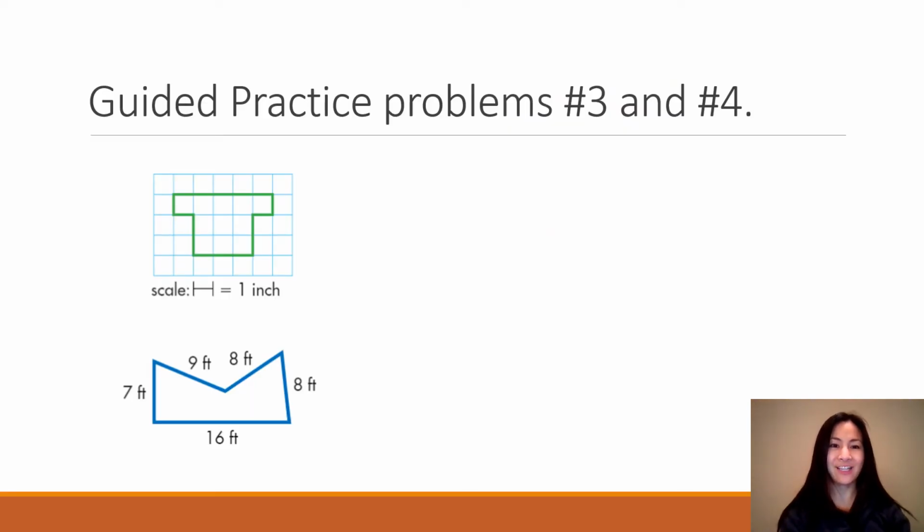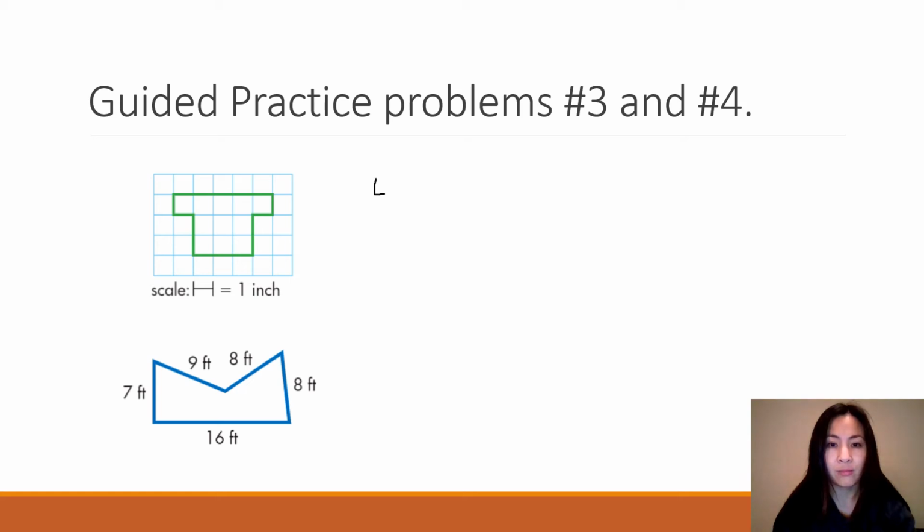Okay, now we're going to take a look at guided practice problems numbers 3 and 4. I've got pictures of them right here, but you should also be working in your workbook. So first we're going to take a look at number 3. Count the number of units along the top side. 1, 2, 3, 4, 5.